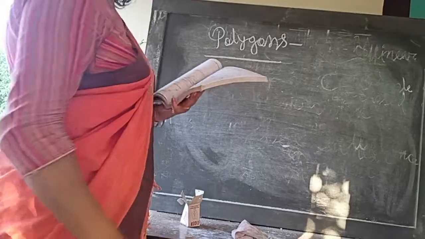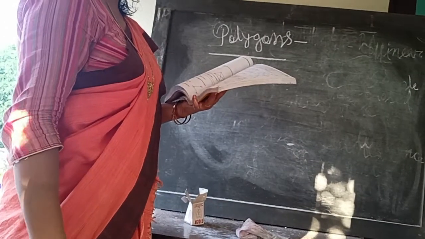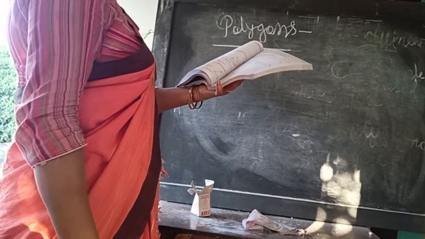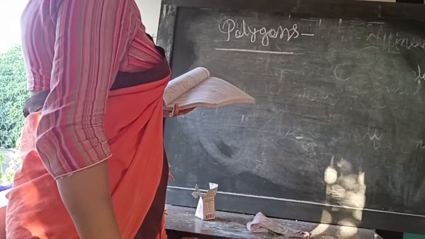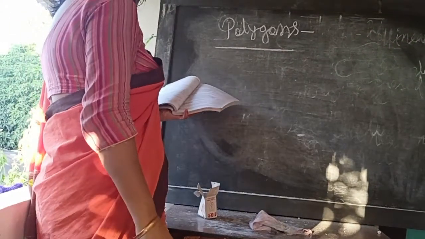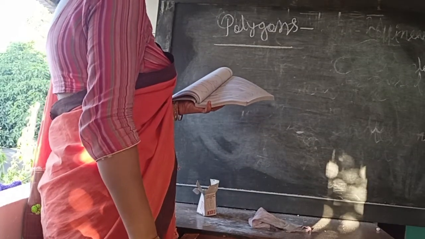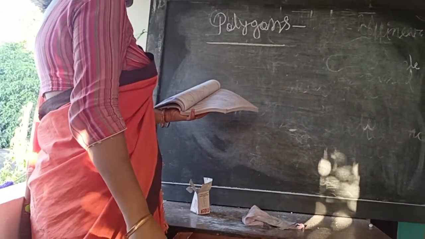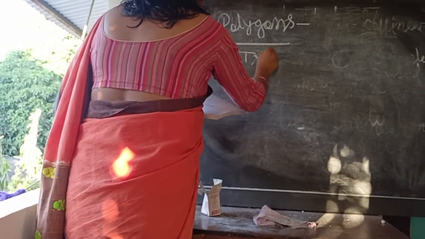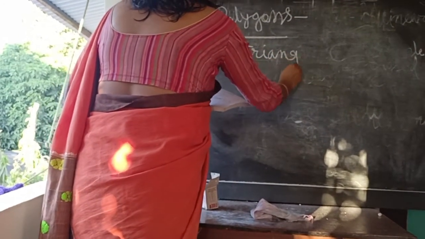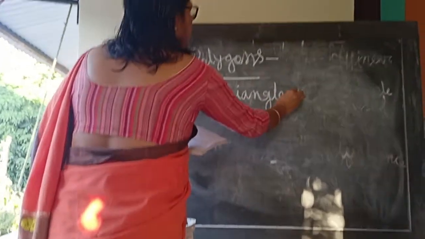A polygon is a closed figure, okay, which is entirely made up of line segments. We get different polygons, and polygons start from the triangle. Triangle is the smallest polygon.